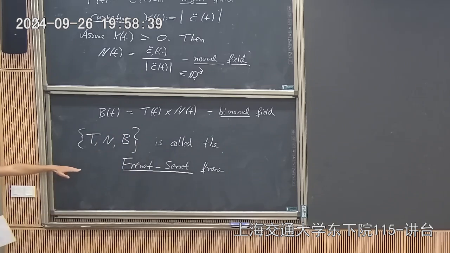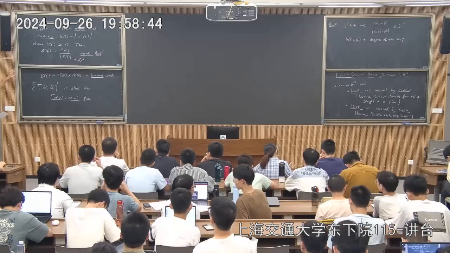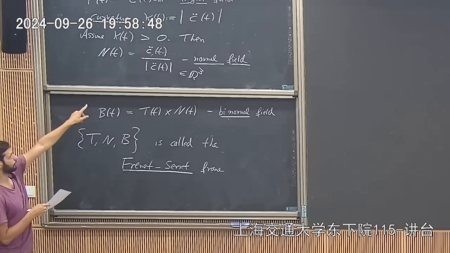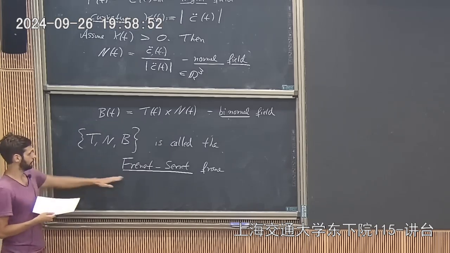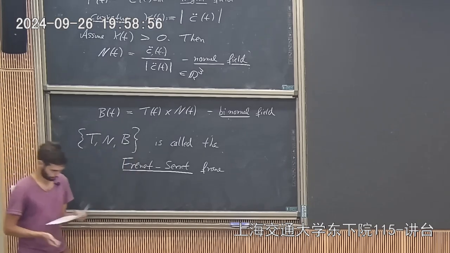So that's a frame that is really defined in terms of the curve in itself, because the ingredients for the first 2 vectors were the first and second derivative of the curve, and then this binormal is just by the right-hand frame. So that's really a frame that is adapted to the curve.